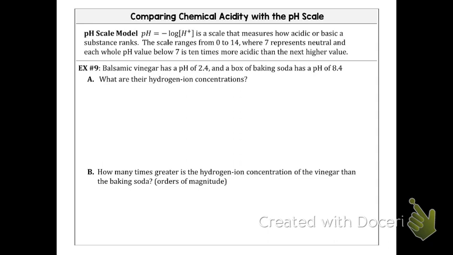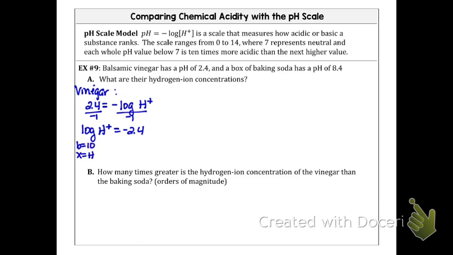All right, so we have vinegar, which has a pH of 2.4. And so we could divide both of these by -1 to get the log part by itself. And then, since it is in log form, we know that our base is not written, so it's 10.